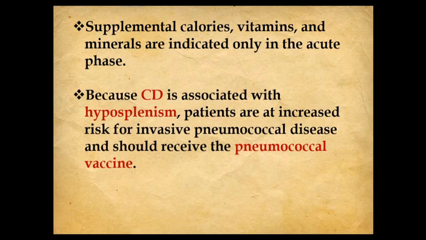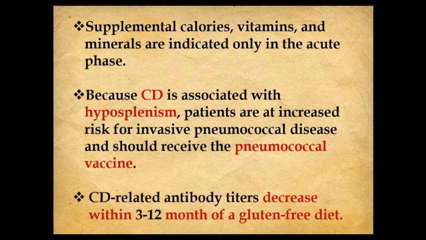This is because of chronic folate deficiency and excessive loss of lymphocytes through the damaged GIT. This will lead to a reduction of the function of the spleen. So these patients are at increased risk for invasive pneumococcal disease and should receive the pneumococcal vaccine.